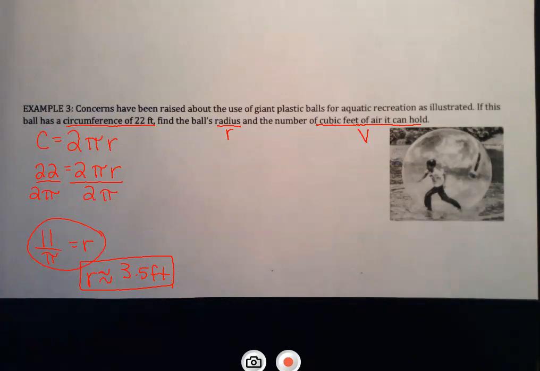Okay, so now that we know our radius, let's find volume. The formula for volume is 4/3 pi times the radius cubed. So this is going to be 4/3 pi, and I'm going to go ahead and put that exact number in, that 11 over pi cubed.